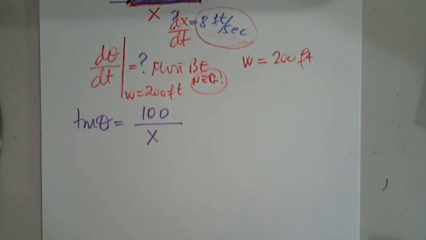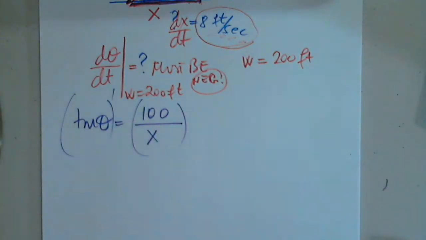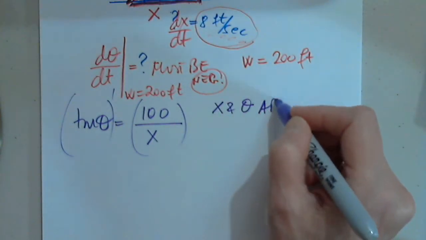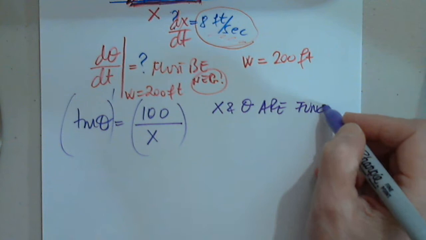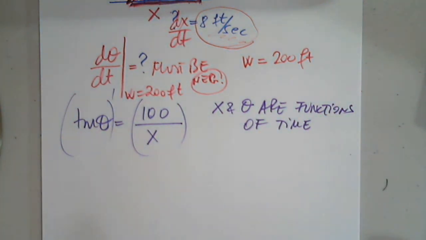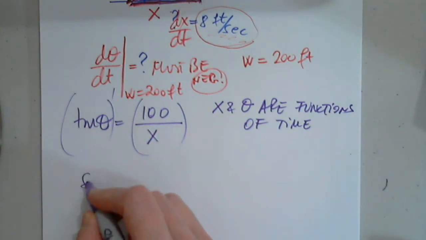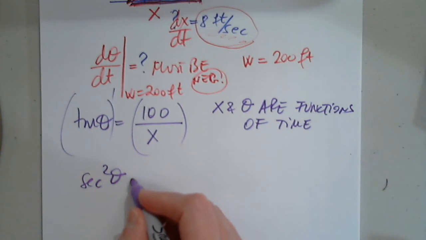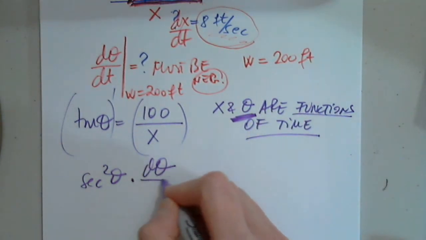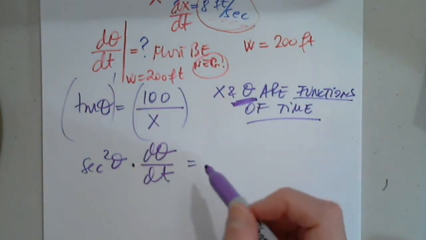So now we can differentiate both sides. And I write myself another note: x and theta are functions of time. So when I differentiate the left-hand side, the derivative of tangent theta is secant squared theta times d theta over dt. The right-hand side is 100.